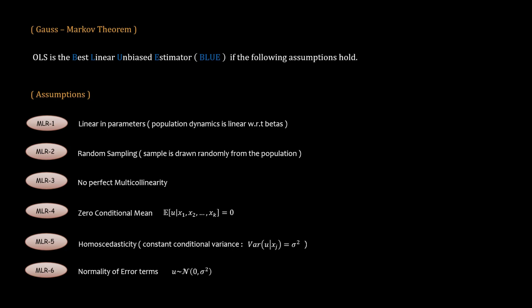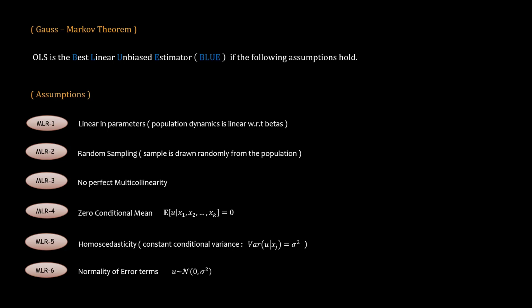Note that perfect multicollinearity is not allowed, while imperfect multicollinearity is still allowed. And practically speaking, we cannot avoid multicollinearity altogether. We will always have some non-zero correlation between the regressors, but it has to be small, because higher the multicollinearity, higher the uncertainty in estimates.